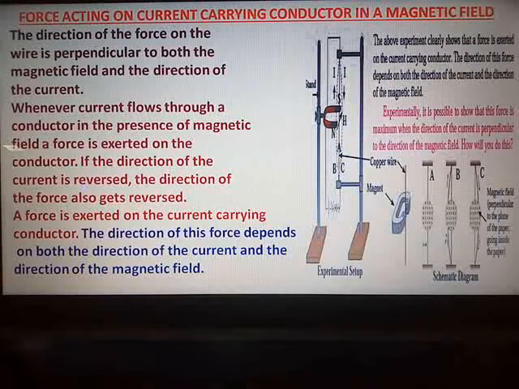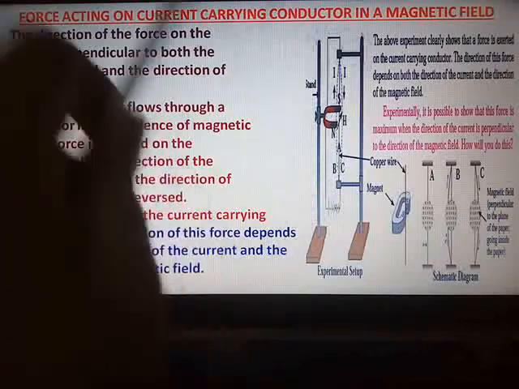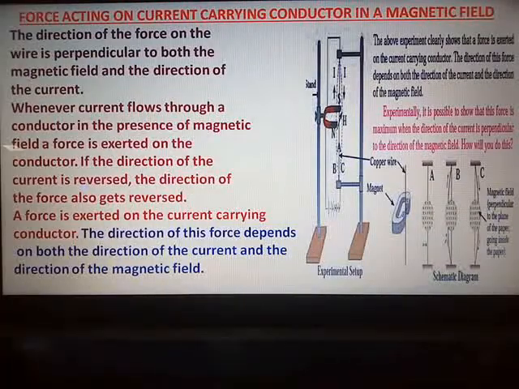Here you can observe that when the magnetic field position is reversed, then the direction of the force on the conductor will also get reversed. Now, as I have told you, a force is exerted on the current carrying conductor. This direction of the force depends on both the direction of the current and the direction of the magnetic field.